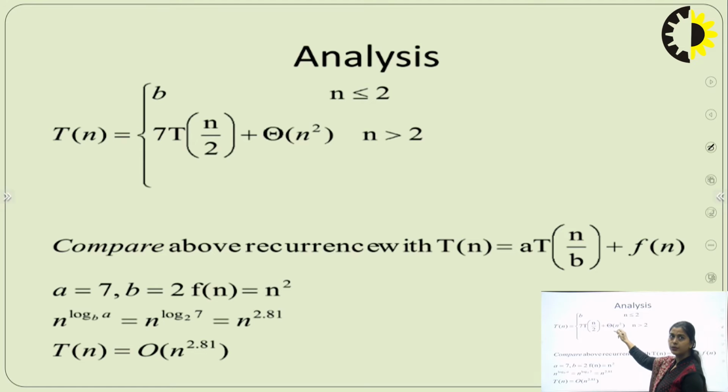If we solve this recurrence, we get the time complexity n to the power 2.81. In the last process, the time complexity is n cube, and in this analysis, the time complexity is n to the power 2.81.